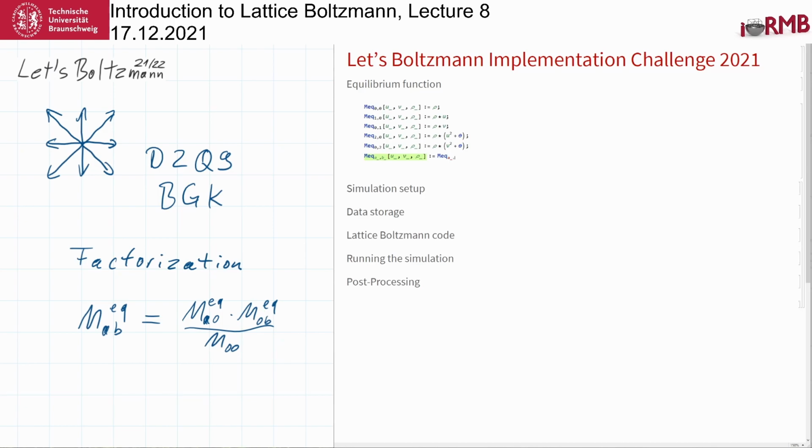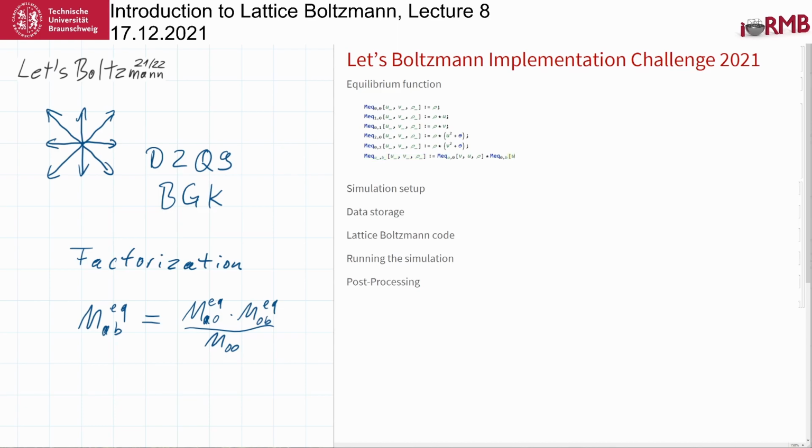A, not blank, A and 0 times M equilibrium 0 and B, and obviously I've forgotten to give the u, v, and rho. Yes.